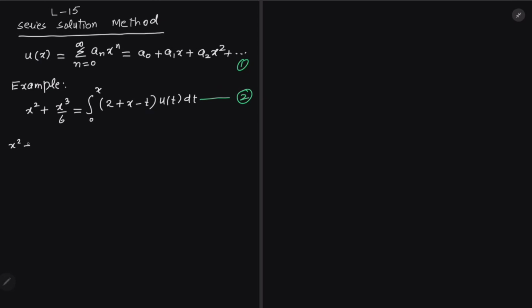Suppose we have the integral from 0 to x, 2 plus x minus t, and we can take only two terms in the infinite series from equation 1, that is a naught plus a1.